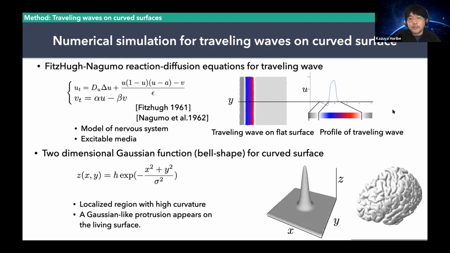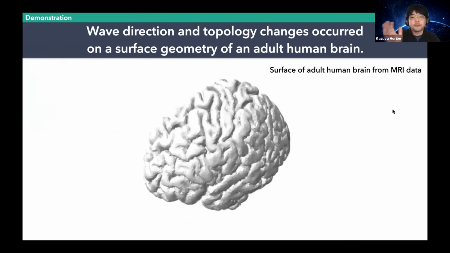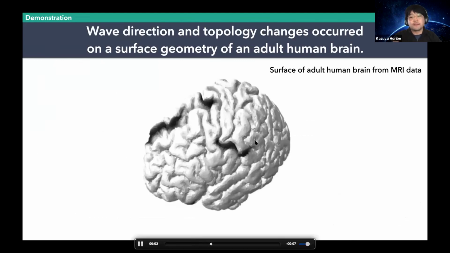We can add them, using multiple Gaussian functions, to estimate a very complicated geometry like the human brain. This is a demonstration using the real human brain. The black line is a neural dynamics wave. Firstly we propagate one traveling wave, but after that, like at the front of the brain, the traveling wave splits into multiple waves.